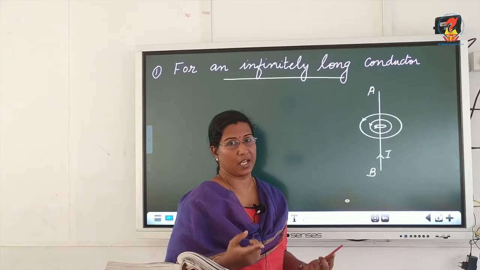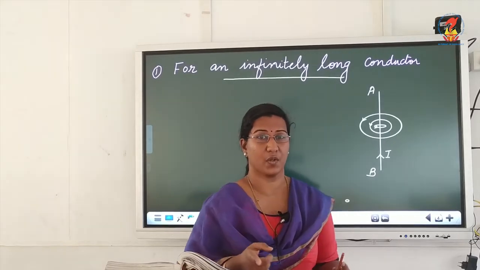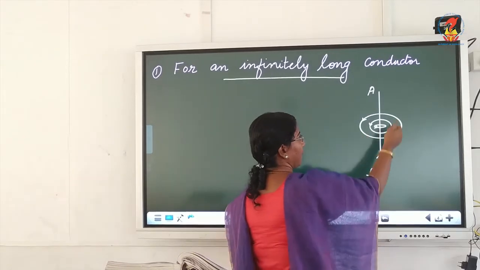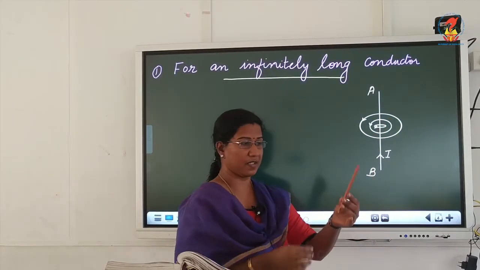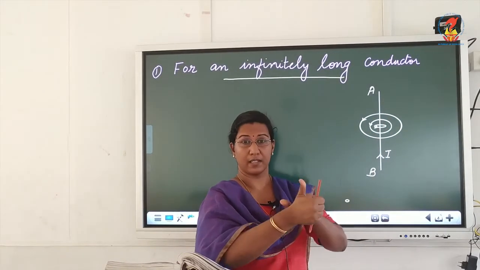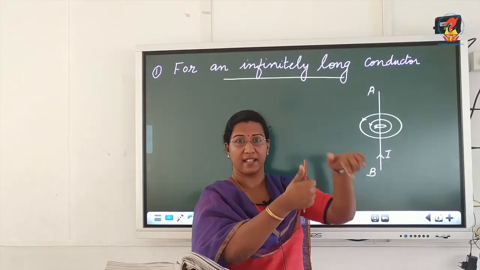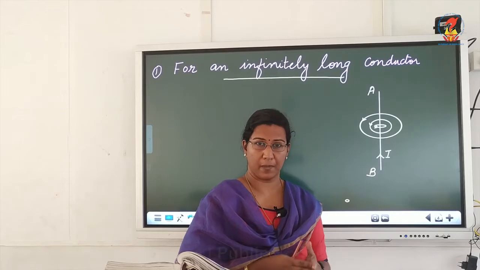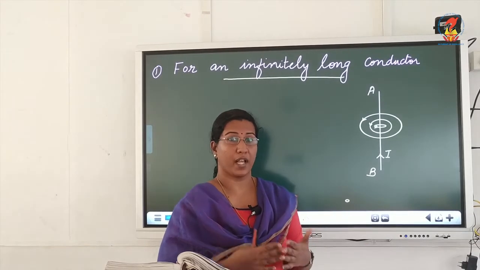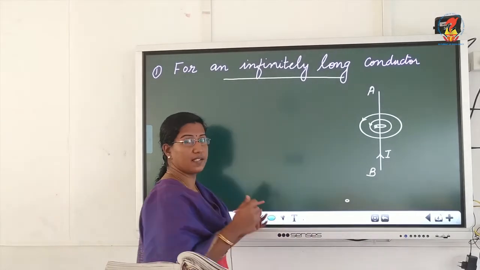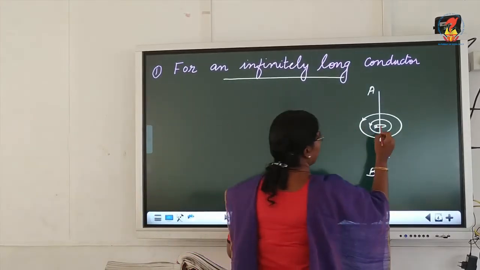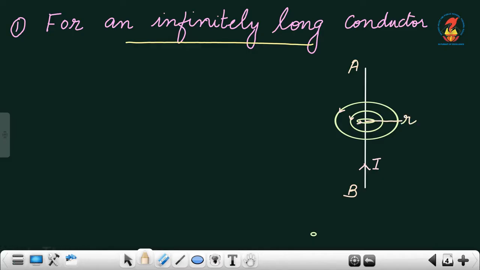You know moving charge or current produces a magnetic field, which means there will be a magnetic field around the conductor. This green circle represents the magnetic field produced by the conductor. Now I need to find the magnitude of the magnetic field at a distance, say R, from the conductor.